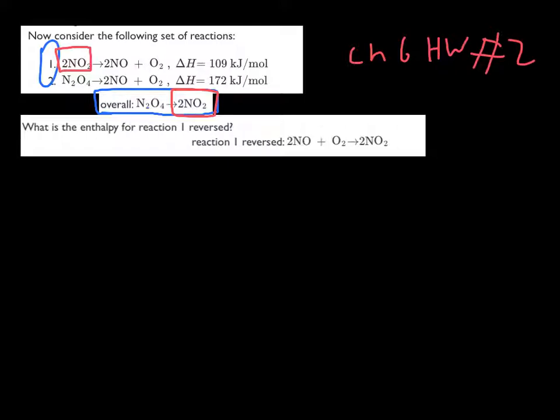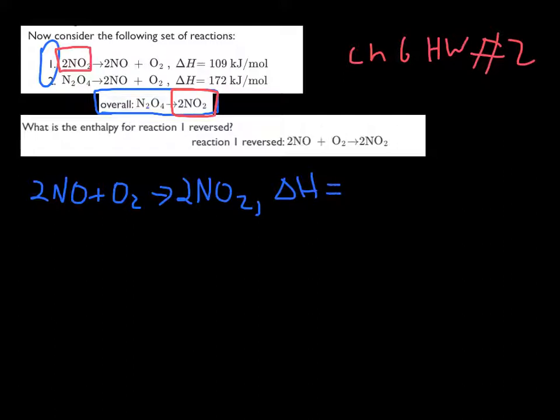So it's going to look something like this now. 2NO plus O2 equals 2NO2. We have to bring the delta H with us, but we now switch this to negative 109 kilojoules.